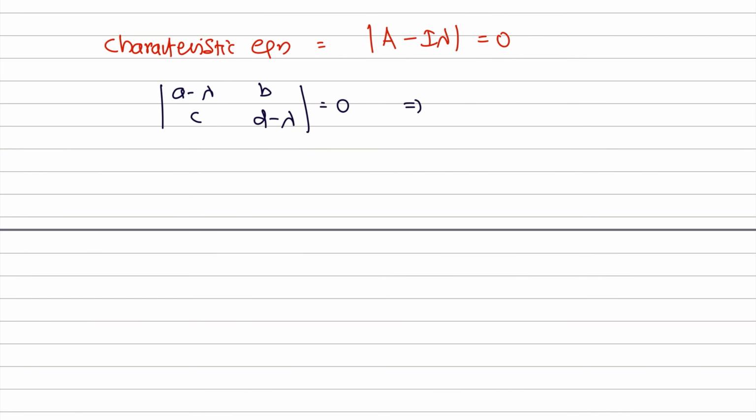That implies, from the basics of matrices, these two should be multiplied and the other product should be deducted from that multiplication value. That is the determinant: (A minus lambda)(D minus lambda) minus BC is equal to 0.